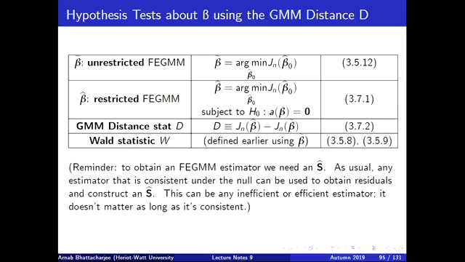Where we had the table here. The distance test is the same as the Wald test. Asymptotically, they are the same. Where do they evaluate, and what do they evaluate? They are evaluating beta.